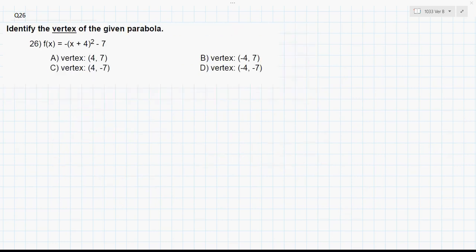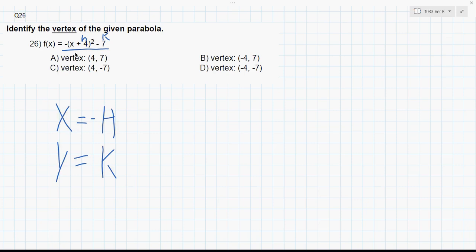Okay, so for this instance, we're going to identify the vertex of the given parabola, and one of the best ways we can do that is to look at the fact that this is already in the vertex form that we're looking for, where there's an h value on the inside and then there's a k value on the outside. And if we remember anything, we're going to say that the x equals a negative h value and the y equals a positive k value.